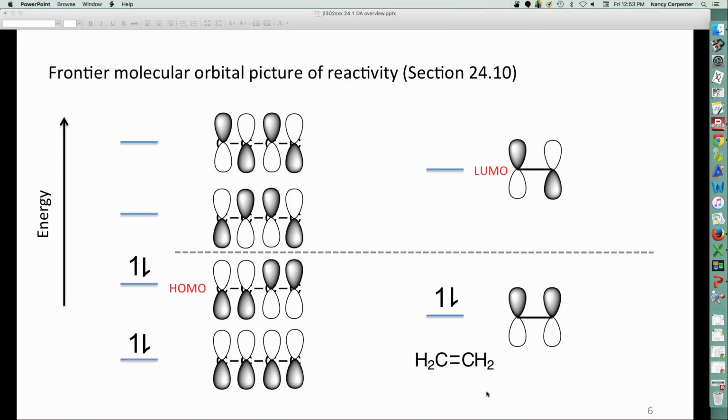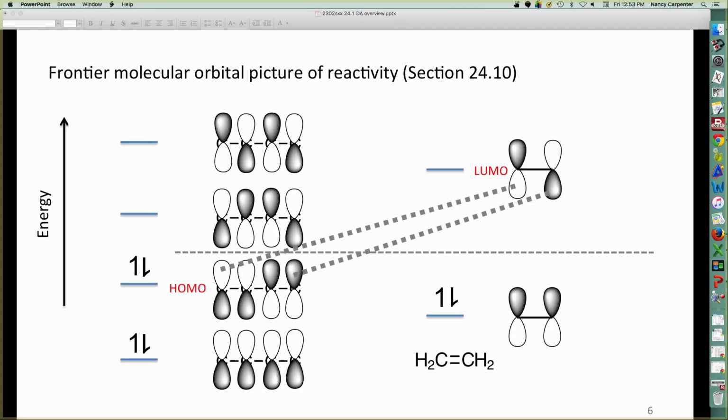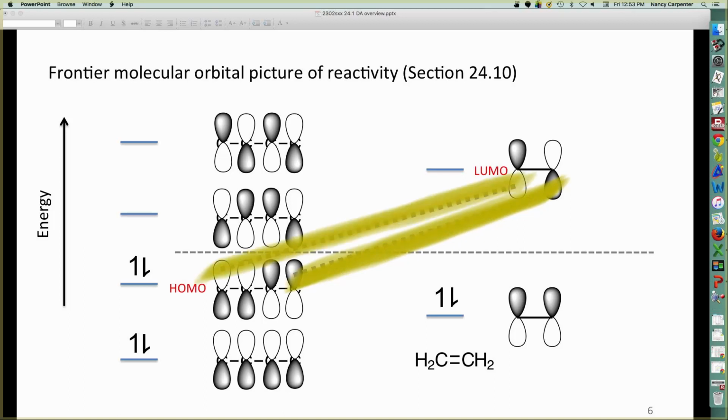And our LUMO is the unoccupied molecular orbital on our dienophile. What the little dashed lines are signifying is that these two are in phase so they can overlap, and these two are in phase so they can overlap.